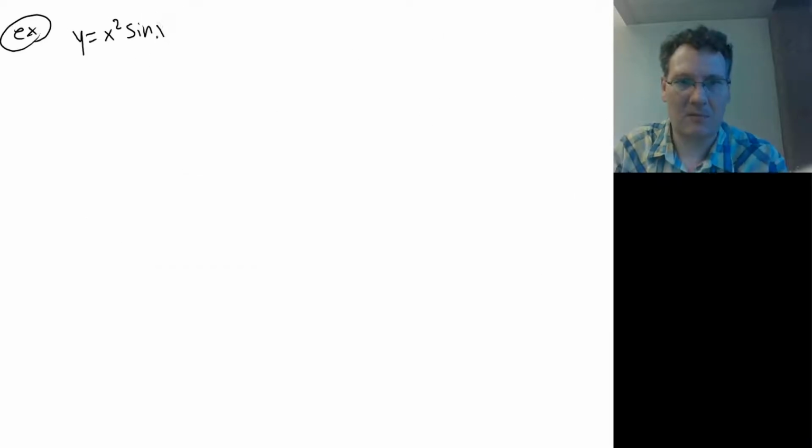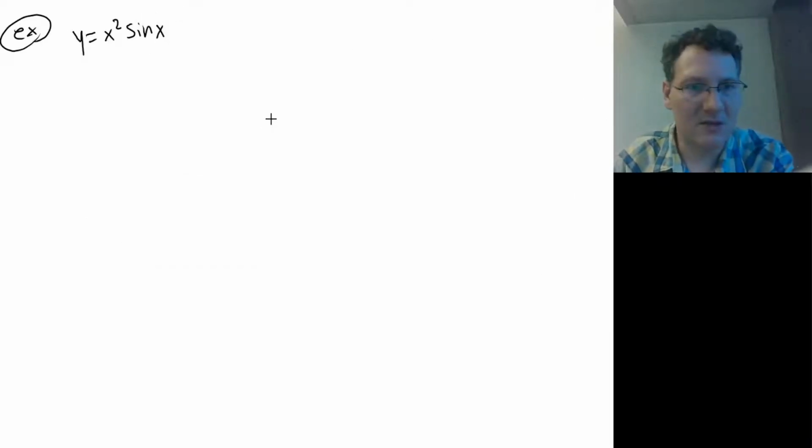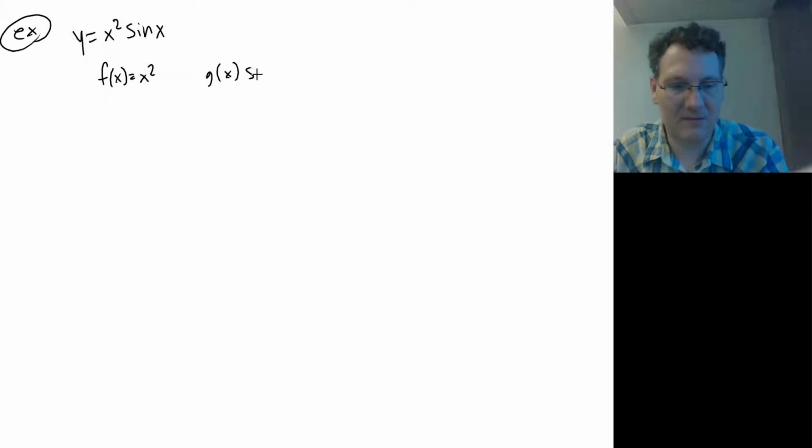It's not too bad. So let's take a look at the derivative of y equals x squared sine of x. In this case, I'm going to consider f of x to be x squared and g of x to be the sine of x.